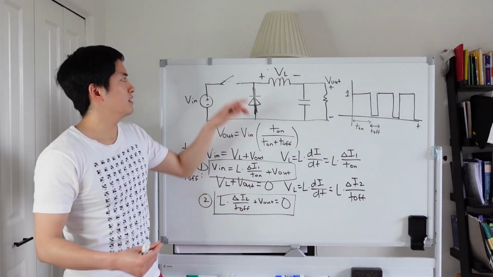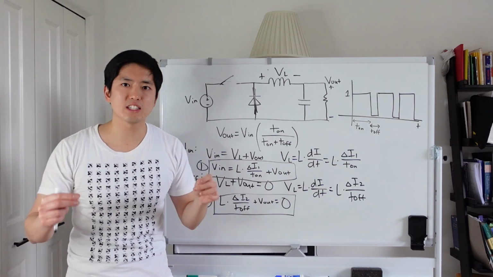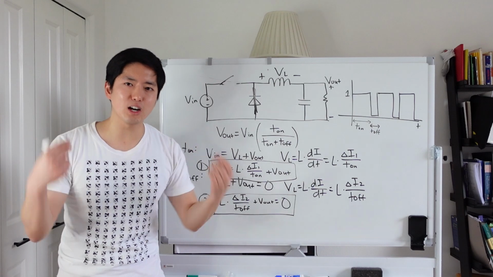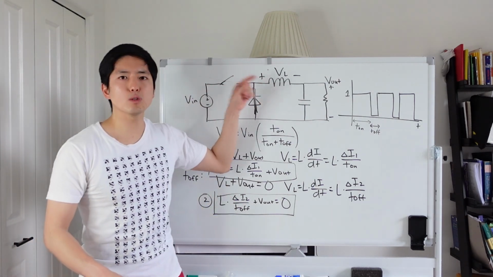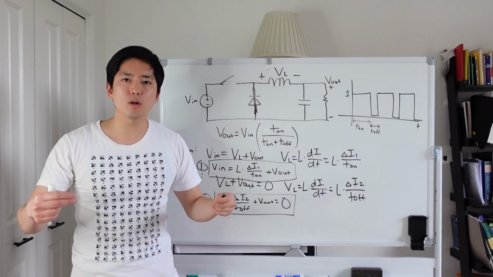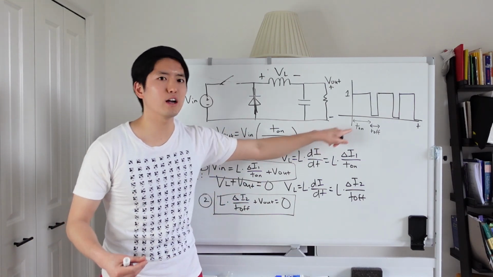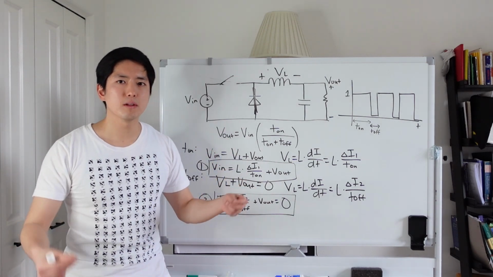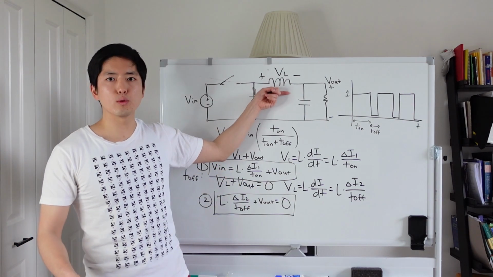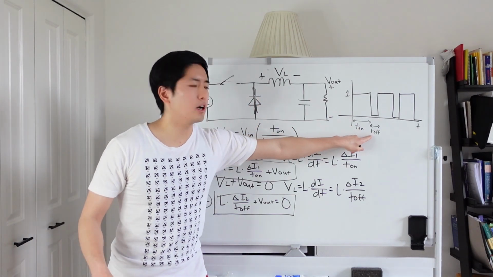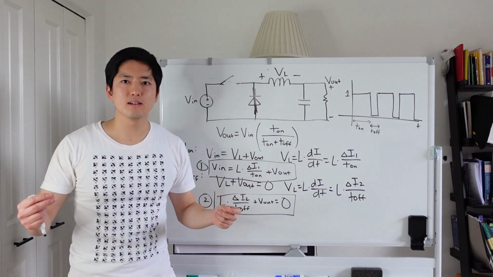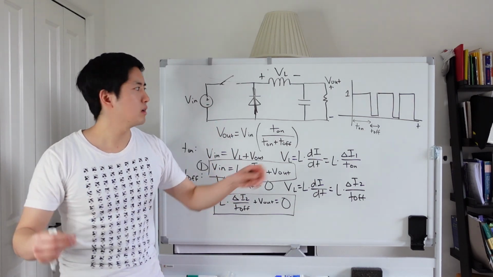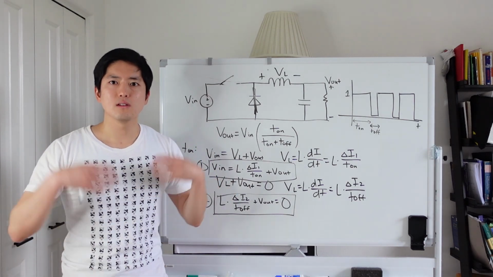If the energy of each of these components is constant after each on-off cycle, that also means that for the inductor, the current running through the inductor will also be constant after each on-off cycle. This will mean that the total net delta of the current running through this inductor after each on-off cycle will be 0. Delta I1 plus delta I2 must equal 0.